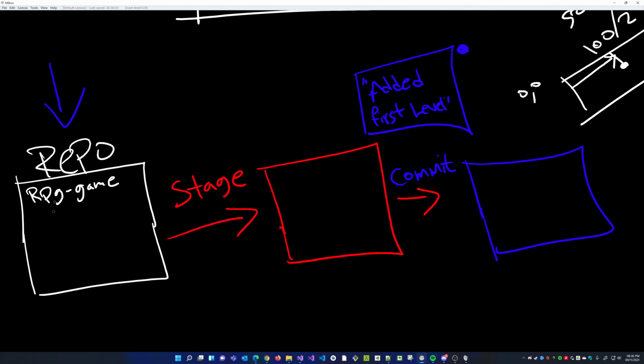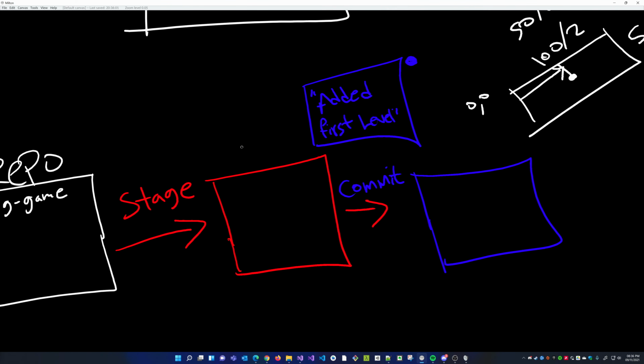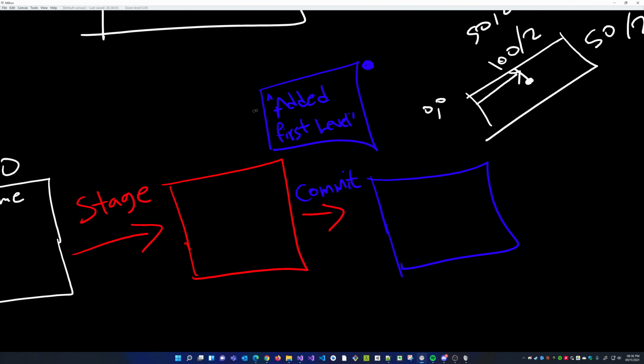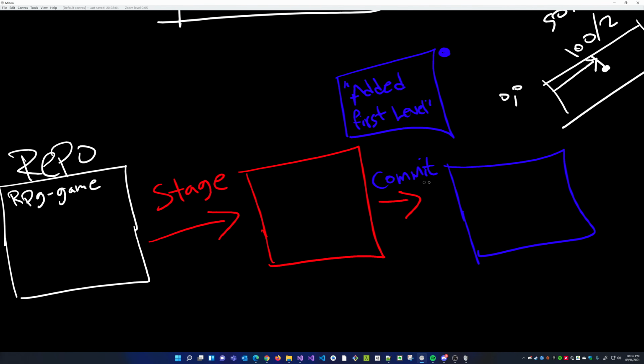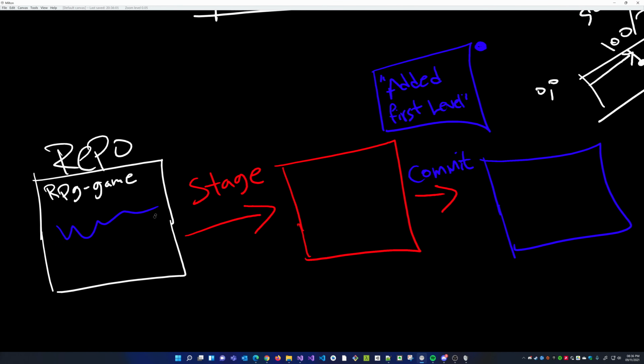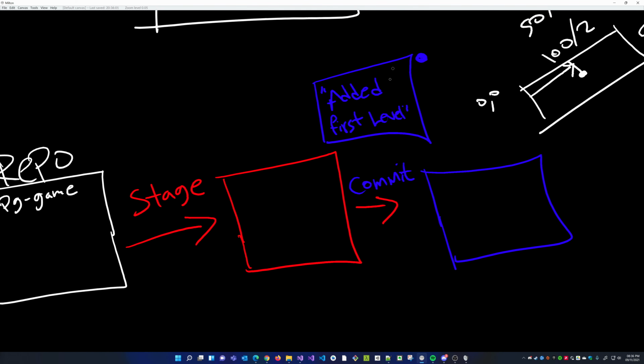We add our code to the repository, we stage it, we prepare it to be saved. Once we prepare it, we add a commit message to our code. Once we add the message, we commit our code. Now our code is saved. And if I change my code and want to make another save, I stage it, add a message, then commit my code and save it there.